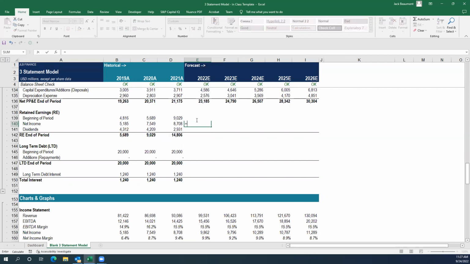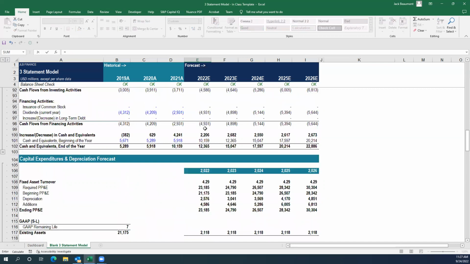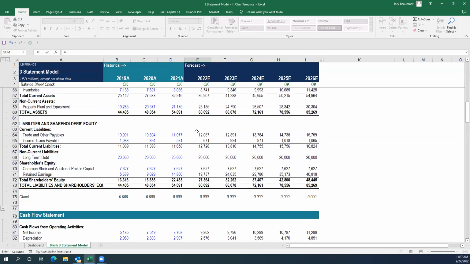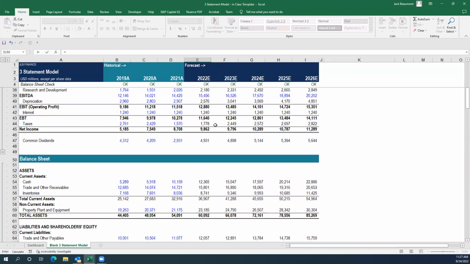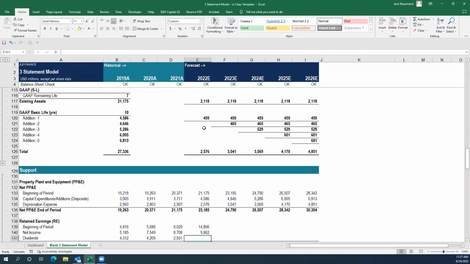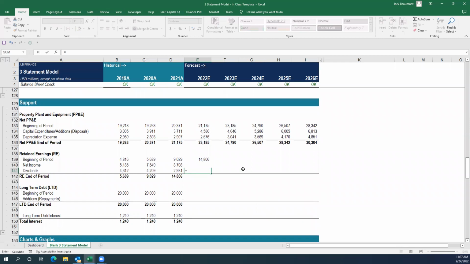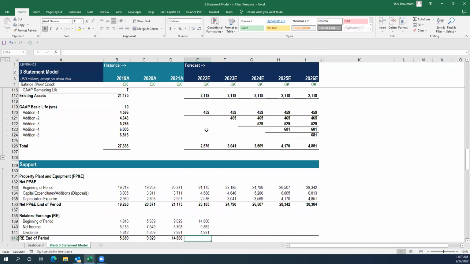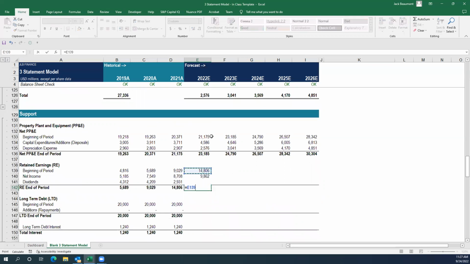So retained earnings, net income. I added this to get you to understand what's going on, so you can reference items if you want to look back at this. So dividends, we're up here. And it's that plus that minus that.